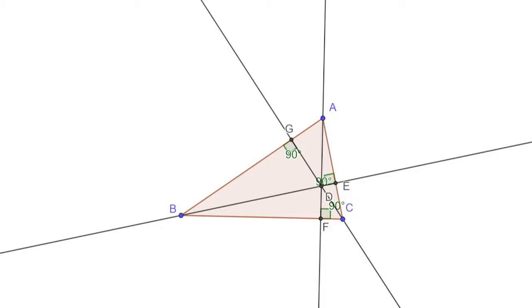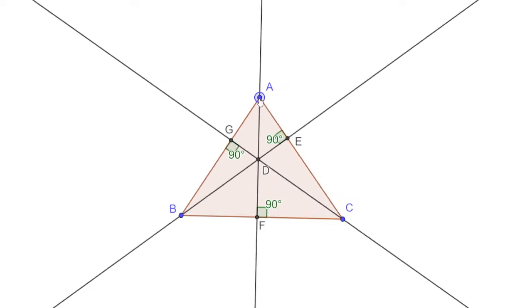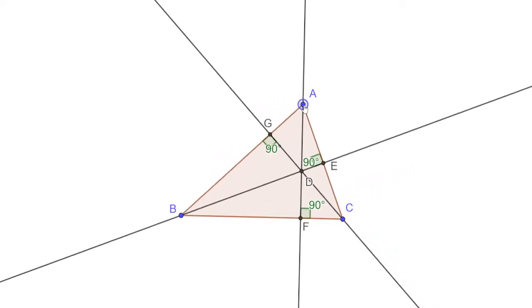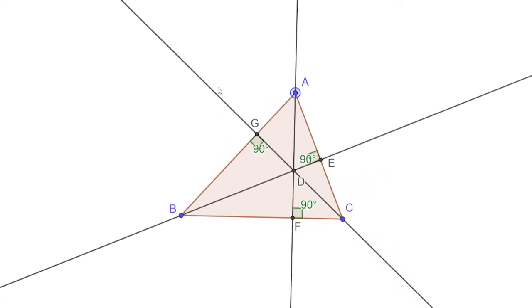See. See here the triangle ABC. I think clear to everyone. See, this line is perpendicular upon the side AB through A. Understood?